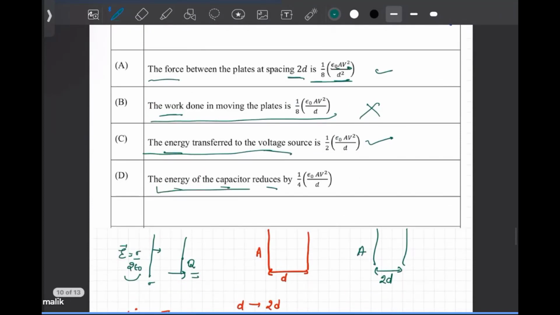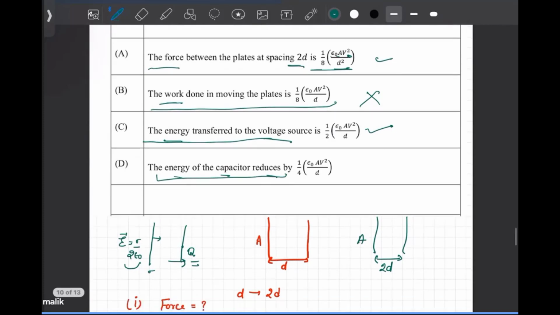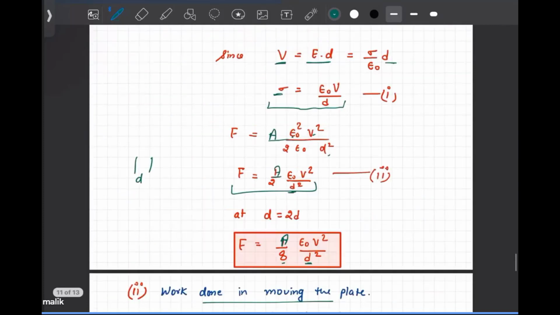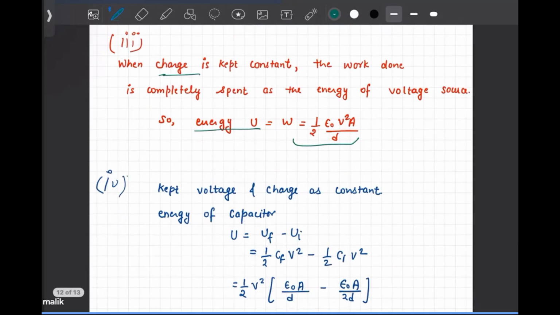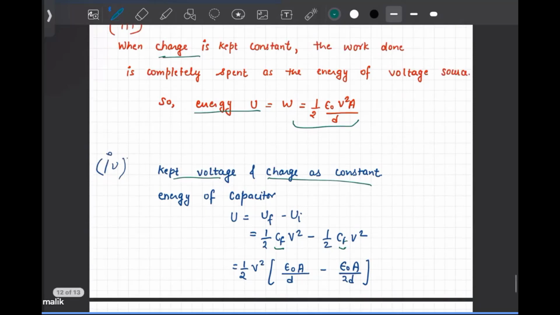Now we have to see how the energy of the capacitor reduces. The capacitance also changes by changing the distance D, and we just have to see how the energy of this capacitance changes. Basically, the voltage is kept constant. The energy stored inside the capacitor is given by 1 by 2 CV square.